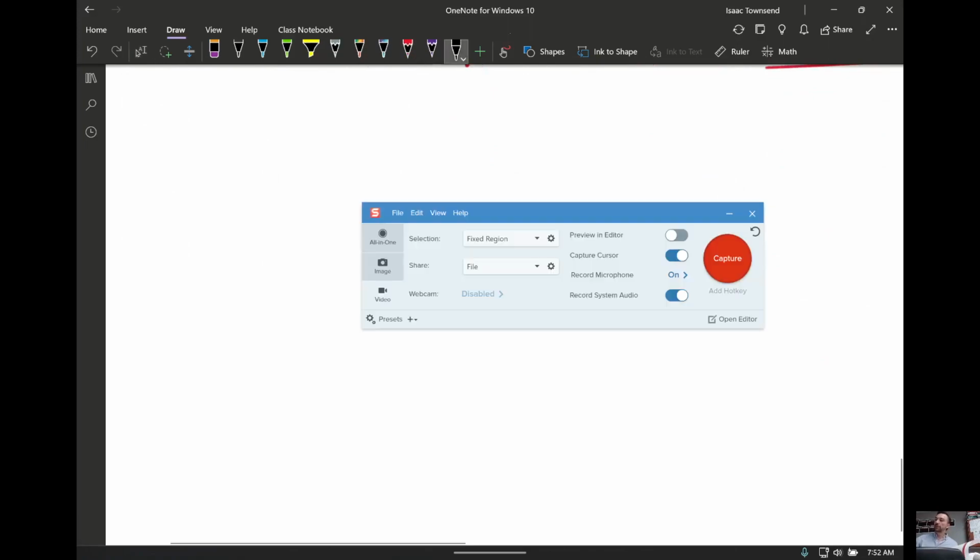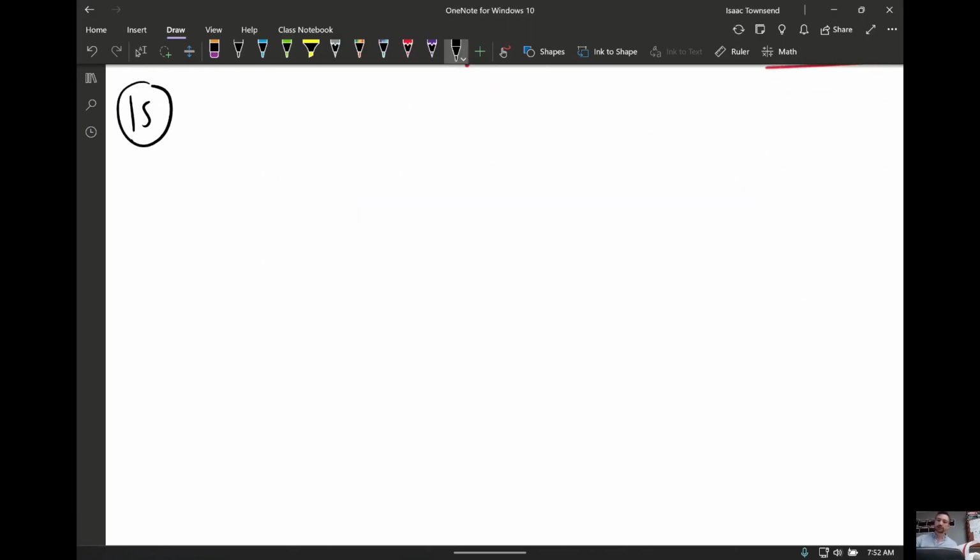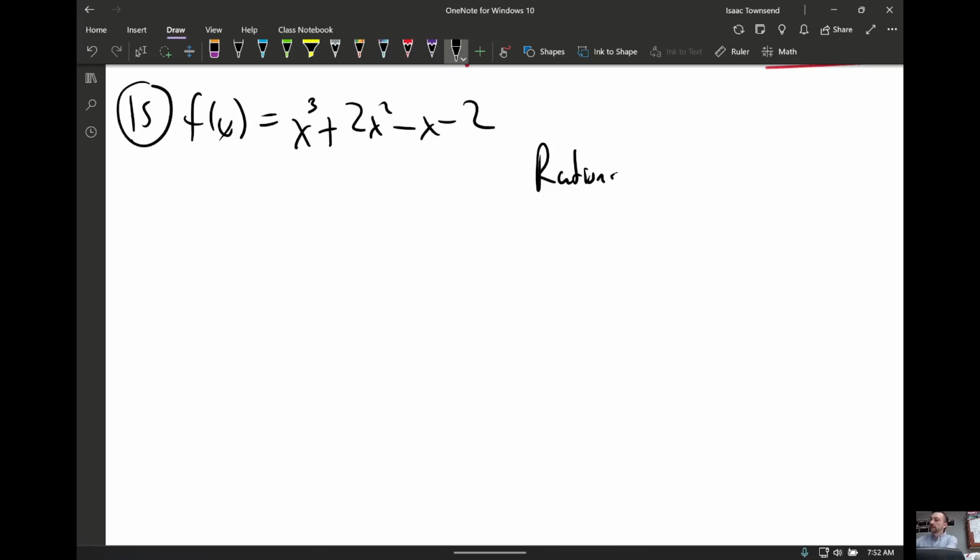Okay, and then for 15 and 16, there is a part that I still need to review with you. Alright, the directions say use the rational zero test to determine the possible, and I can't emphasize that word enough, the possible rational zeros.